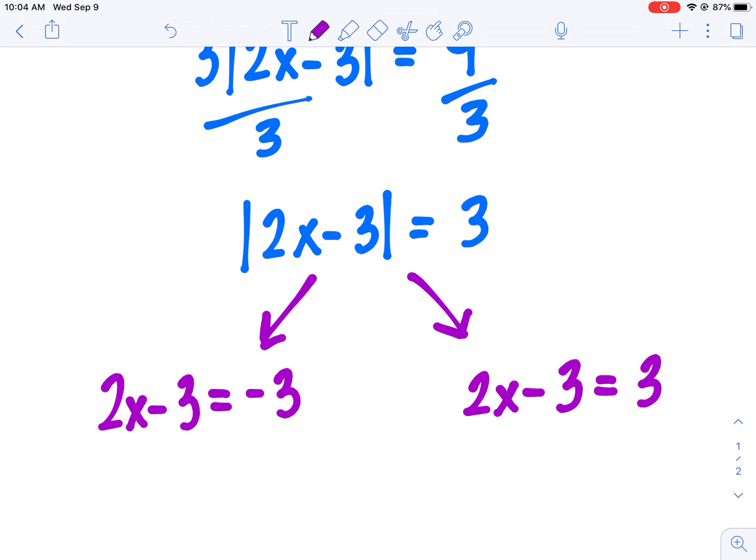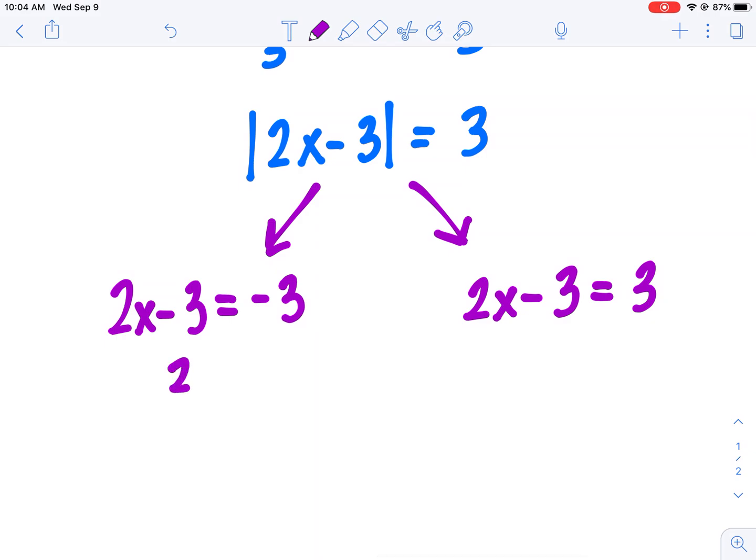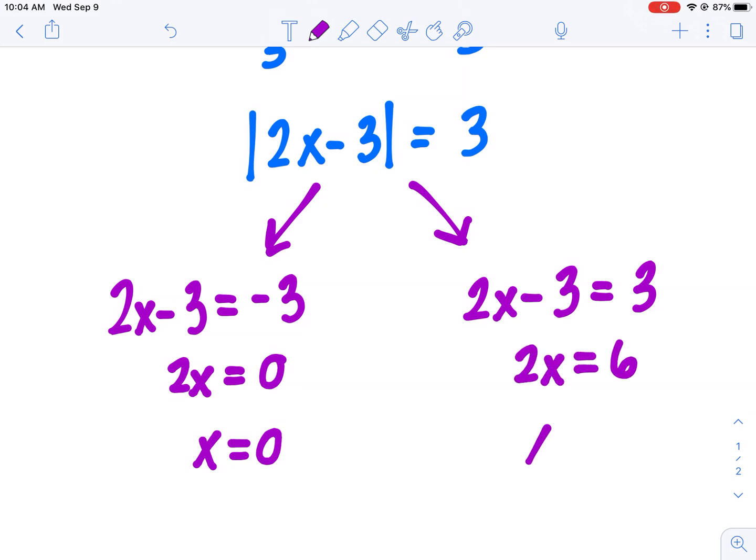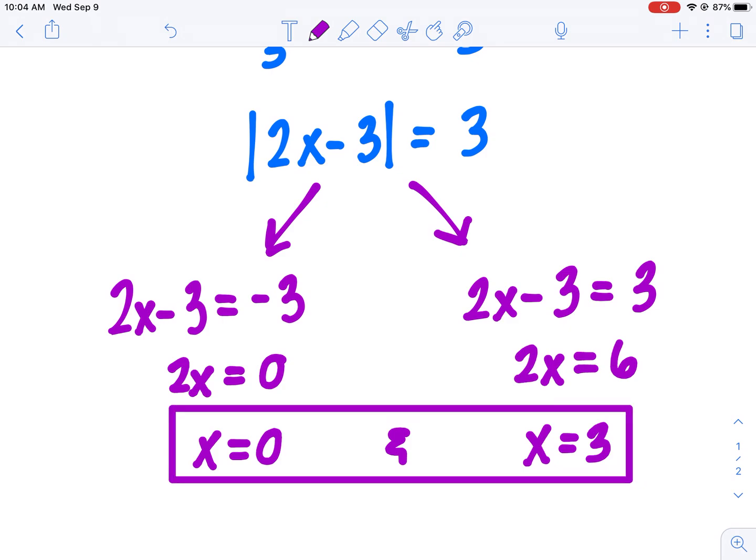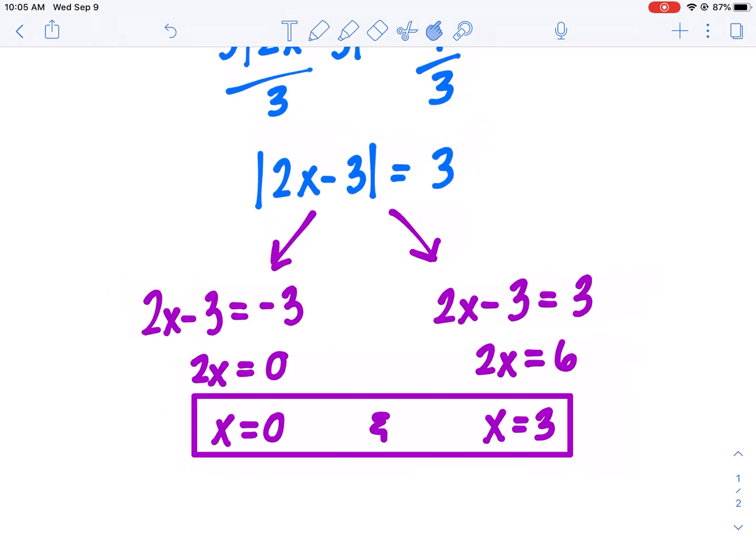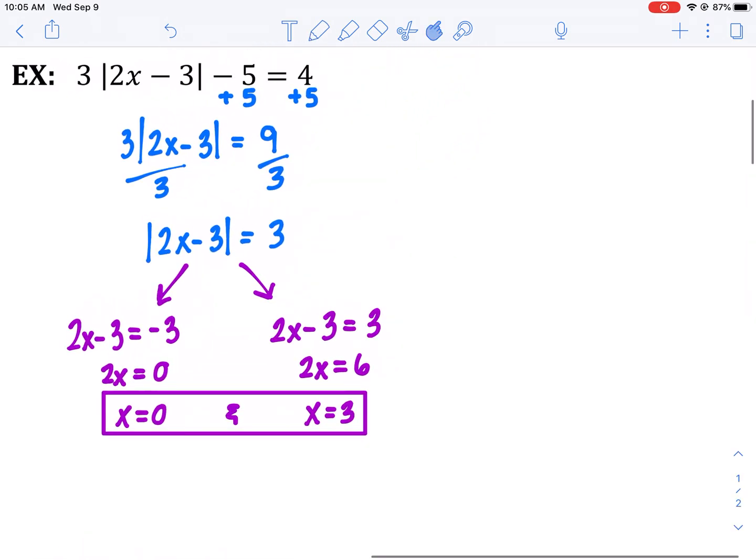Okay, solve this quickly. I get 2x to equal 0, x equals 0, 2x equals 6, x would be 3. Okay, these are my two answers. I'm not sure yet if they are actual answers or if they are extraneous.